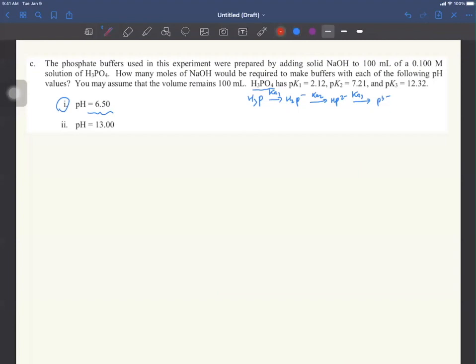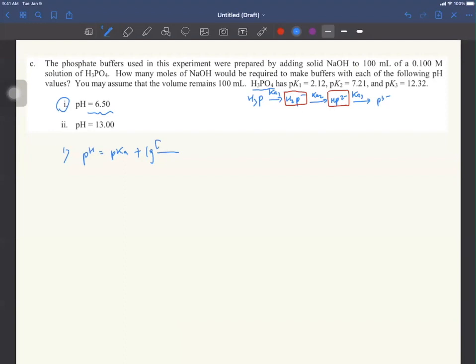So we will say the major species in the buffer are H2PO4 minus and HPO4 2 minus. Then we can use the Henderson-Hasselbalch equation: pH equals pKa plus log of the molarity of the salt, the conjugate base, over the acid.